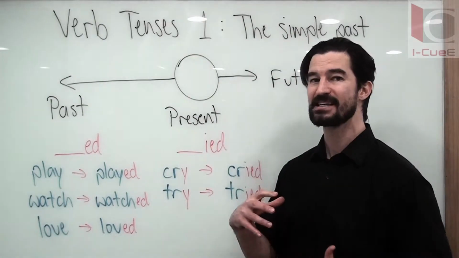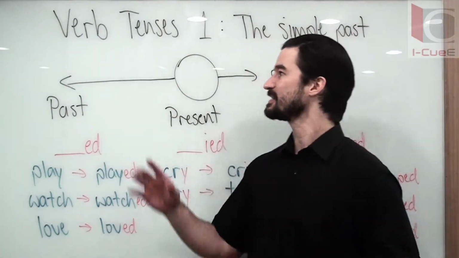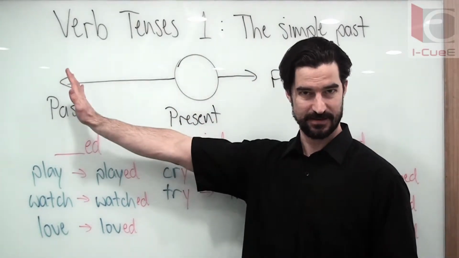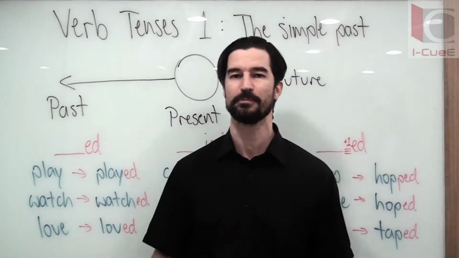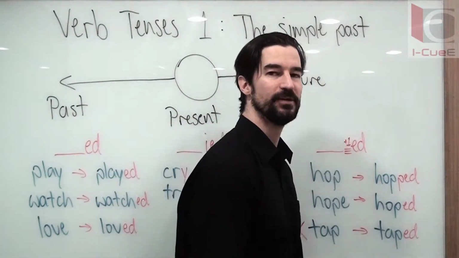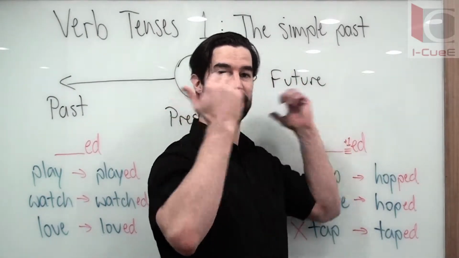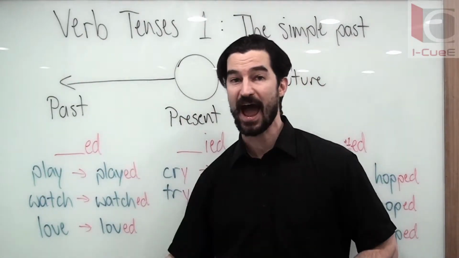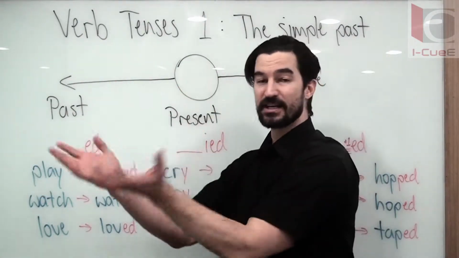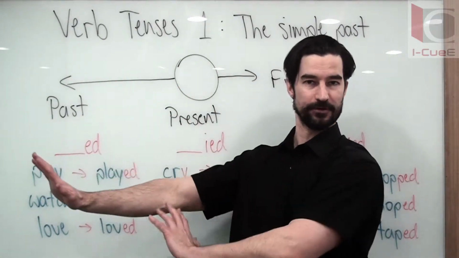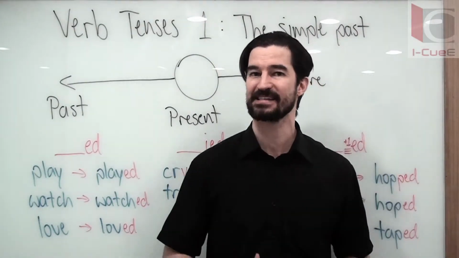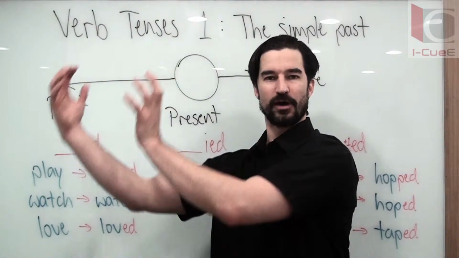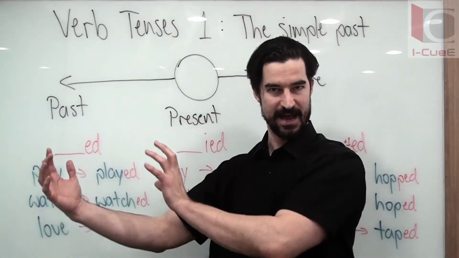The simple past tells you about things that happened and were finished in the past. So if you ever use the simple past, you're telling people that this happened in a time before now, and whatever it is I'm telling you about, it's over. So the simple past tells about a completed idea or a completed action in the past.